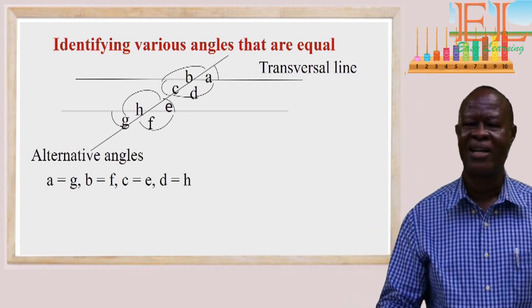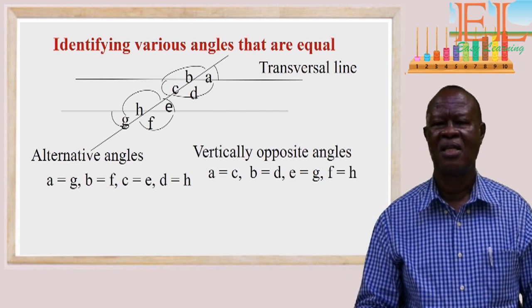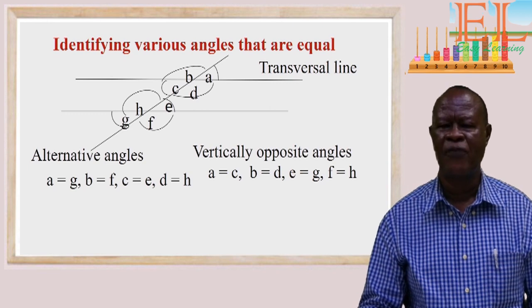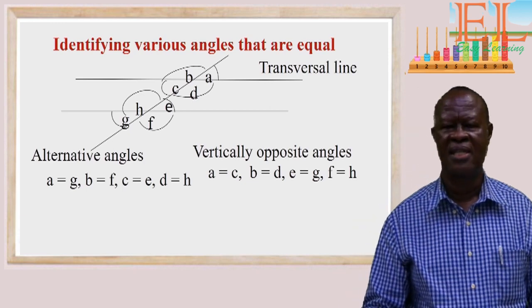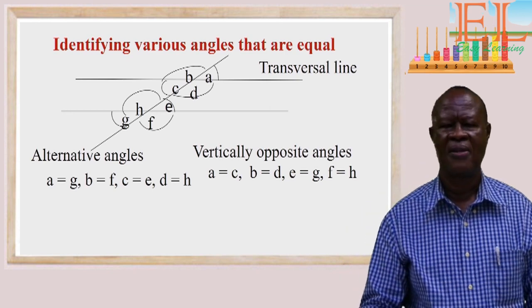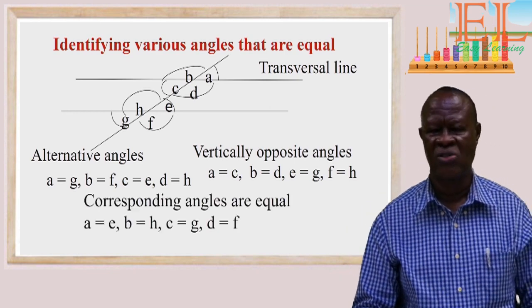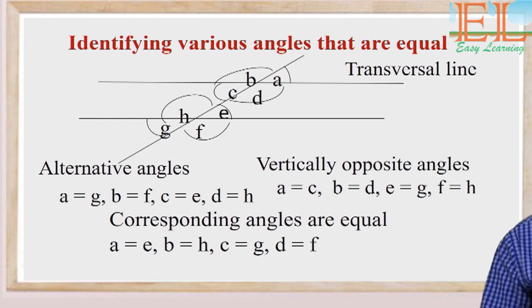Now, vertically opposite angles. They are angles that are directly opposite to each other. So we can find A to be equal to C, B to be equal to D, E to be equal to G, and F to be equal to H. We can now look at corresponding angles. Corresponding angles are found on the two parallel lines, but the position is maintained from one parallel line to the other parallel line.